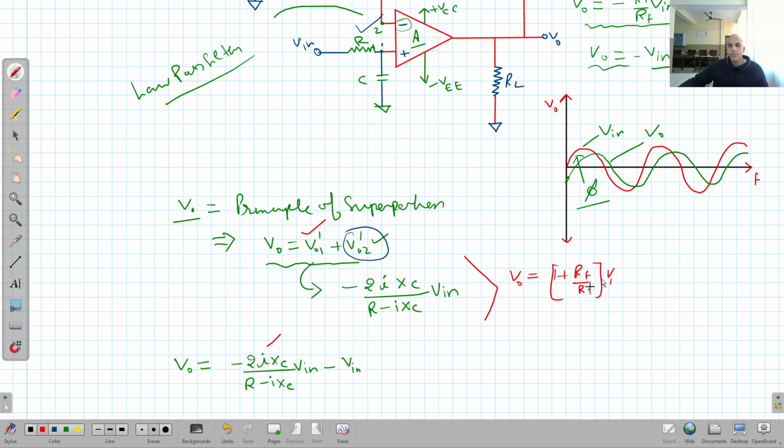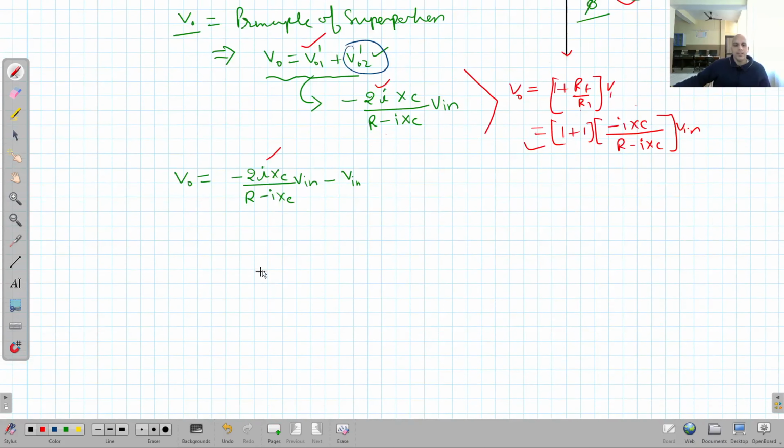So when you put the value of V1, it becomes 1 plus RF upon R1, and V1 was minus iota XC upon R minus iota XC, into V in. Clear? So when you put this value here, after simplification, it becomes 2 iota minus iota XC divided by R minus iota XC. Right. So the things are very clear here. Now we have this expression, V output is equal to this. So when you simplify it, we'll put the value of XC, right?